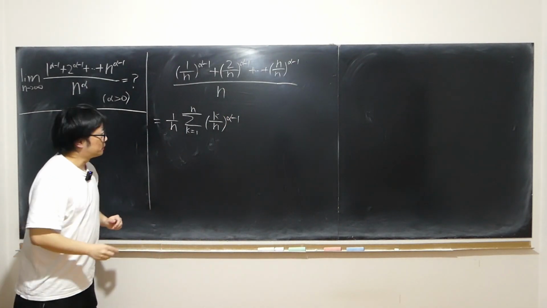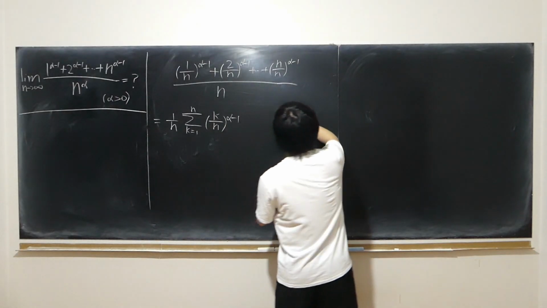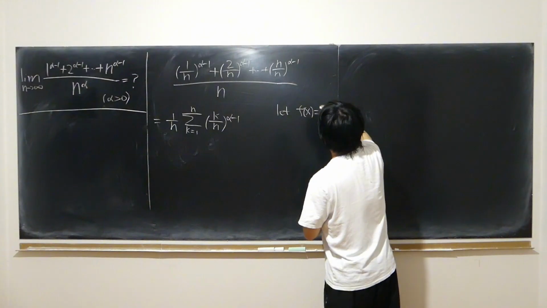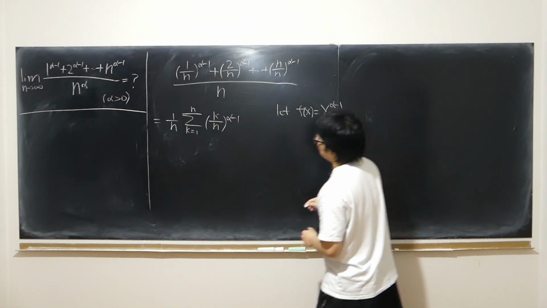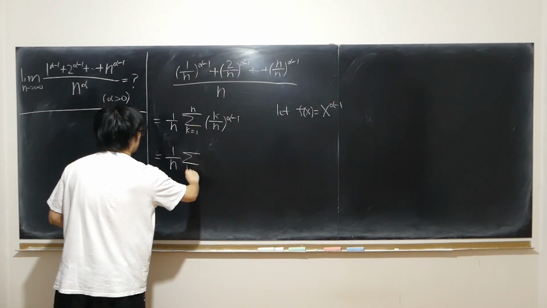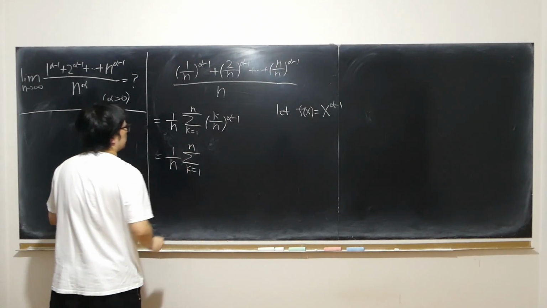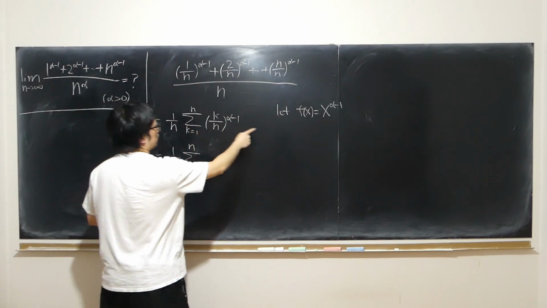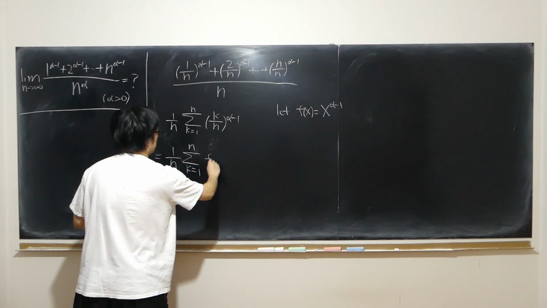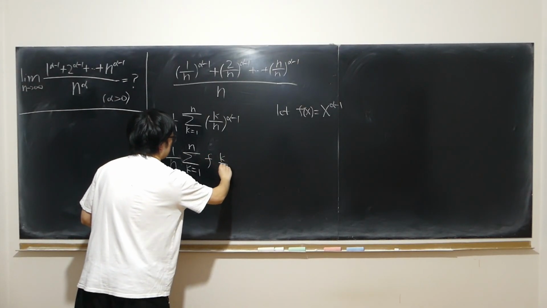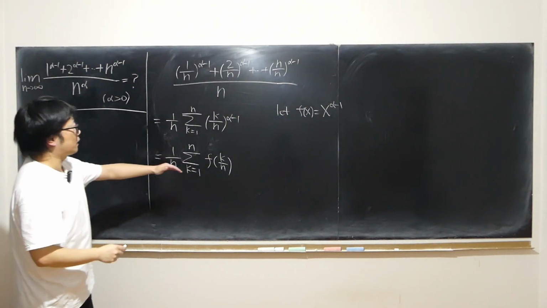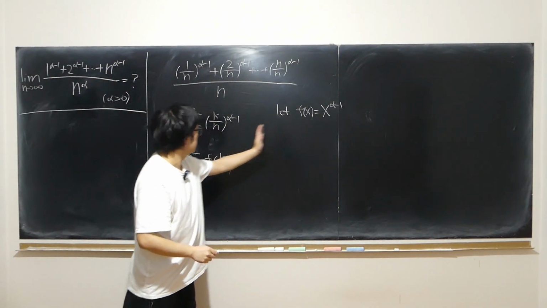Now if we let f(x) equal to x to the power of alpha minus 1, of course, this is 1 over n times the sum from k equals 1 to n of f of k over n. That is exactly that.